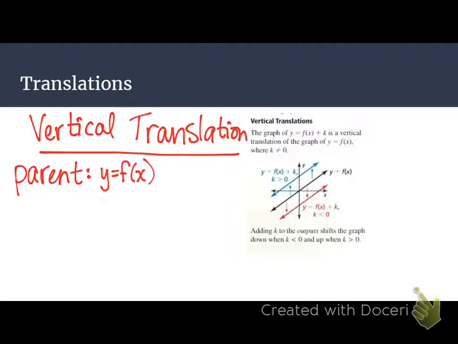This time, we are going to be adding and subtracting numbers outside of the parentheses. So if we have y equals f of x plus k, where again k is just going to represent a number, this is going to shift us up. Shift up, k units.